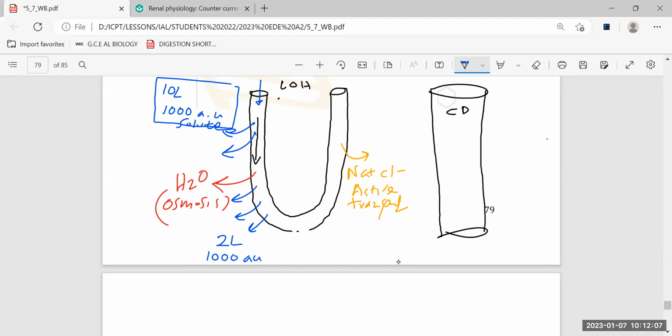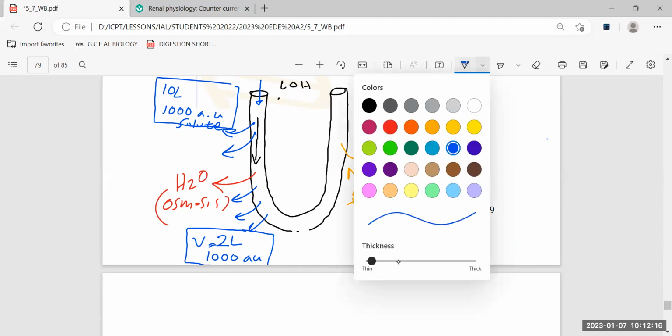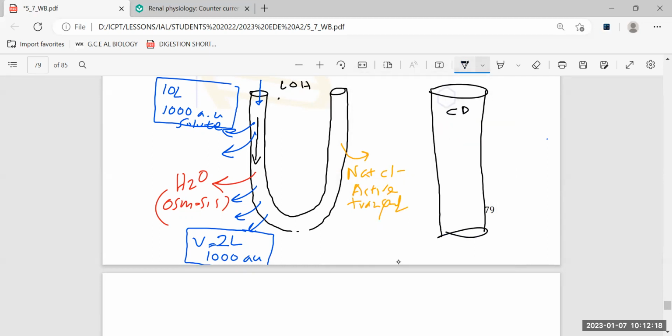Right? The water is 2 liters and the solute is 1000. So if you want to calculate the concentration at this point, what we can do, 1000 divided by 10, it is 100. It's 100 solute per liter.